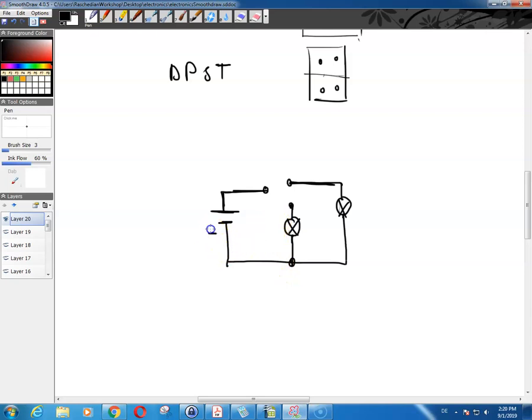Okay, so this is negative, this is positive, and these are the poles of your switch. So this is your switch over here.